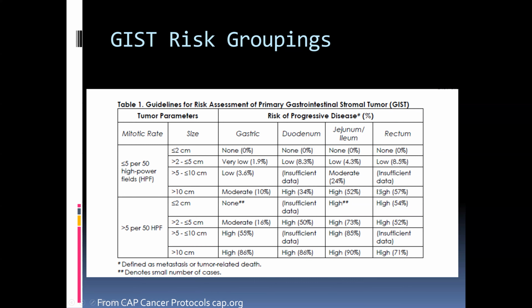But the other thing to note here is that, as you can see, just say a 10 centimeter lesion, low mitotic rate, it still has a very high rate of progression if it's occurring in the jejunum or the rectum versus the stomach. And so accurately and precisely defining your location is really critical to specifying outcomes.